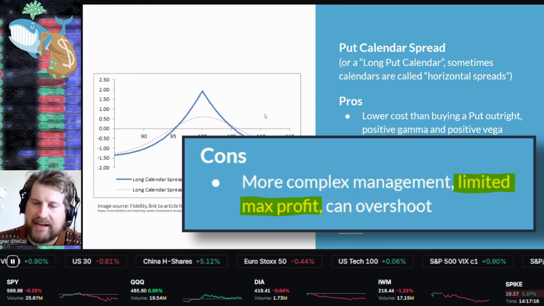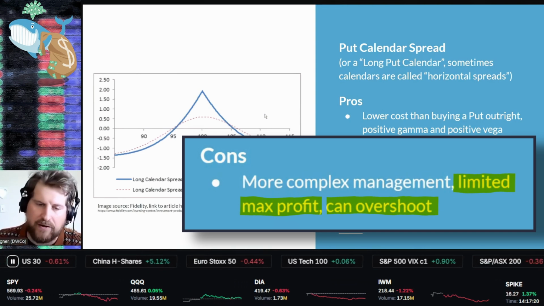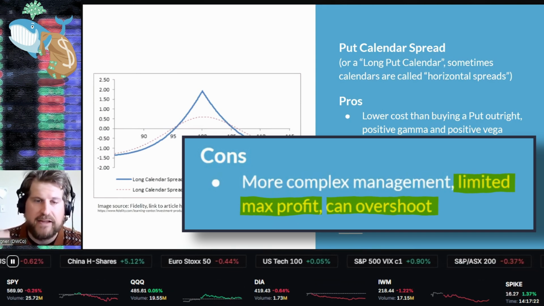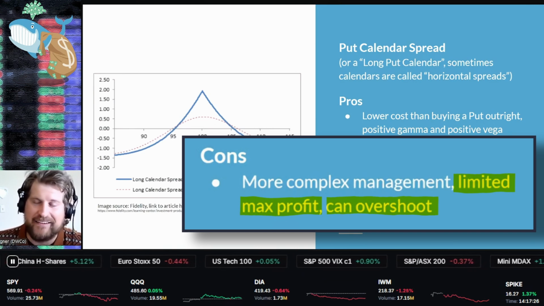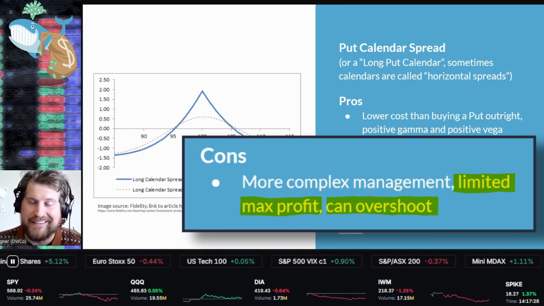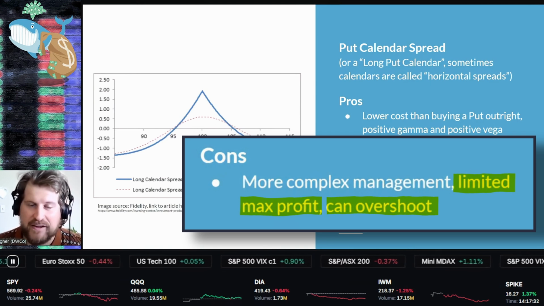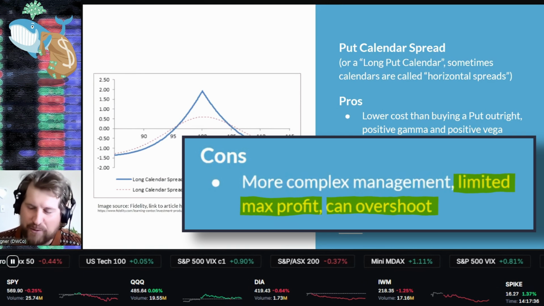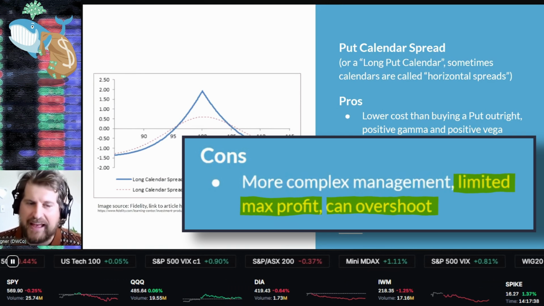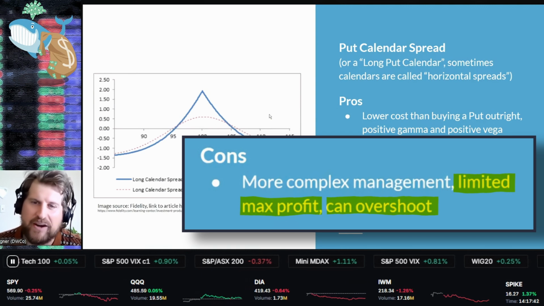And finally, the last con is that you can overshoot. If you are using a calendar to speculate in a direction and the underlying moves a lot more than you had anticipated with this structure, you can blow through both the strikes, and you could wind up not having a winner on your hands.